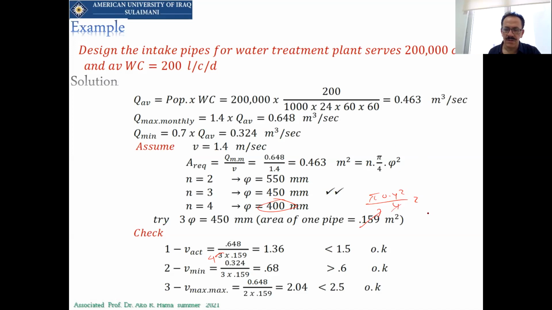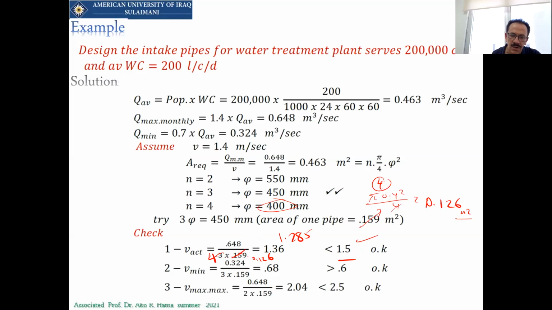In this case, it will become 0.1256 meters square. So if you are using 4 pipes, the area of each pipe will become 0.126 meters square. So let's check this, and the answer would be 1.285, which is less than 1.5, which is okay.